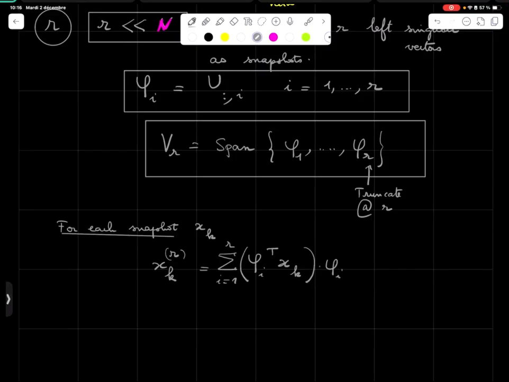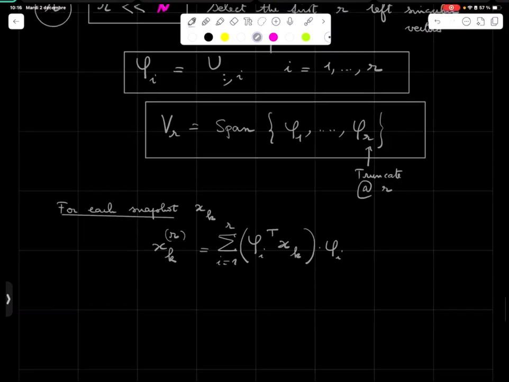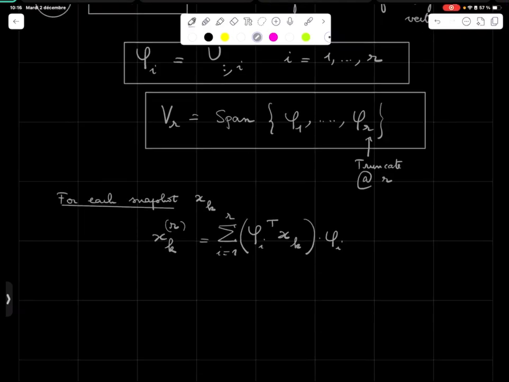So what is that? I think if you did a bit of linear algebra, you see that this is the projection of x_k onto V_r.